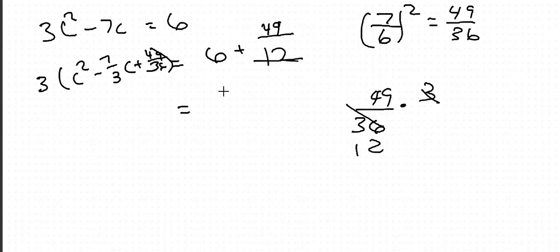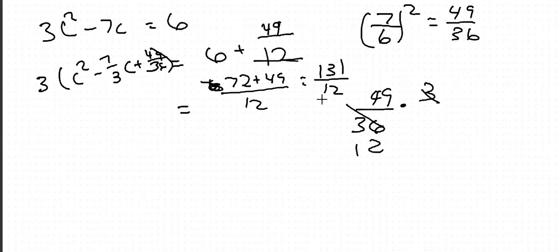So, would you multiply 12 by 6? 72. 49 over 12. Can you add those two? 131 over 12. And now I have to divide by 3. So 131 over 36. Bravo.